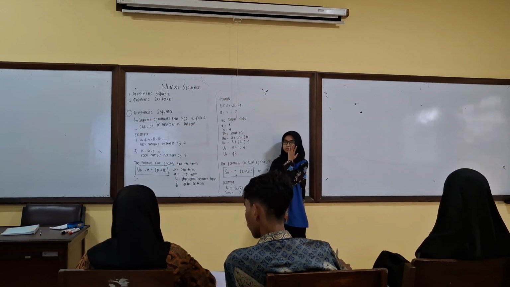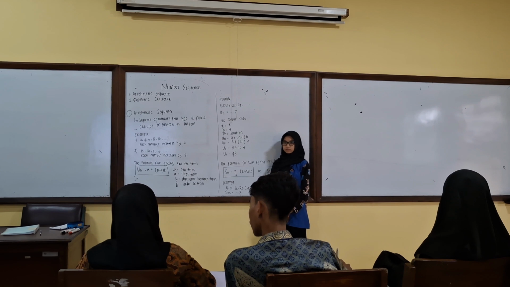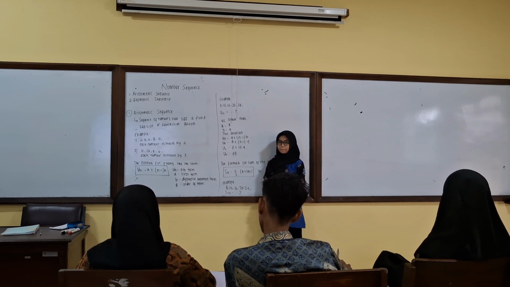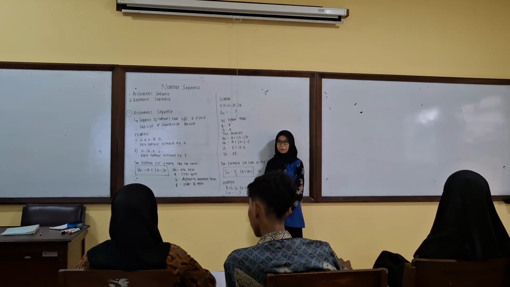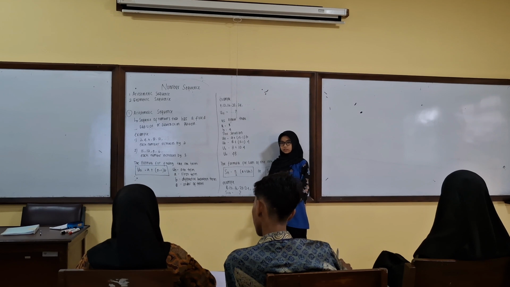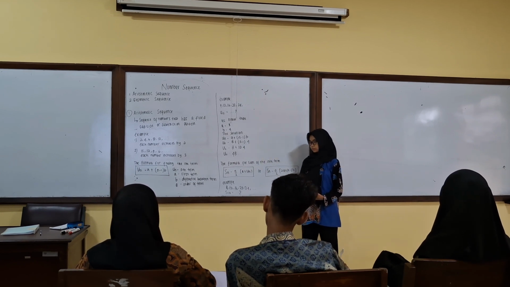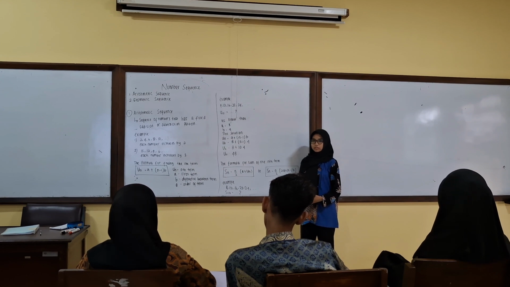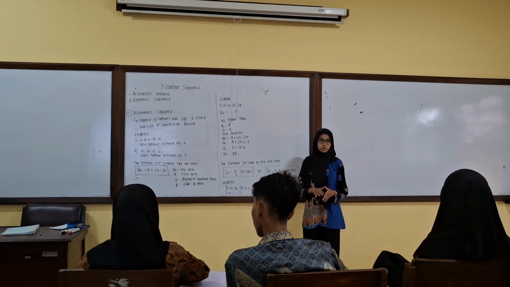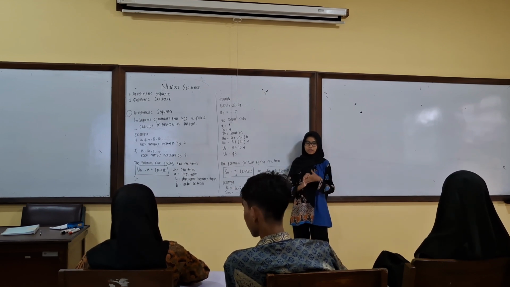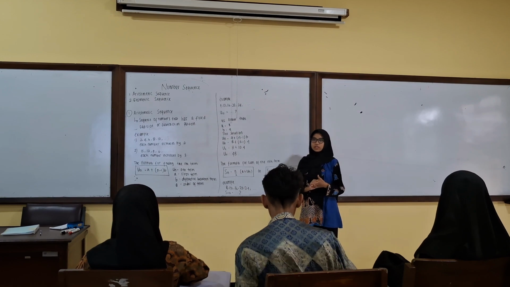Sn equals 10 divided by 2 times 2 times 8 plus 10 minus 1 times 4, which equals 260. So the sum of the first 10 terms is 260. That's right. Up to this material on arithmetic sequences and series, is there anything you want to ask? No, miss. Then we continue to the next material.